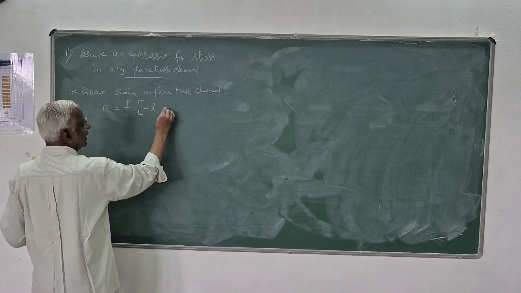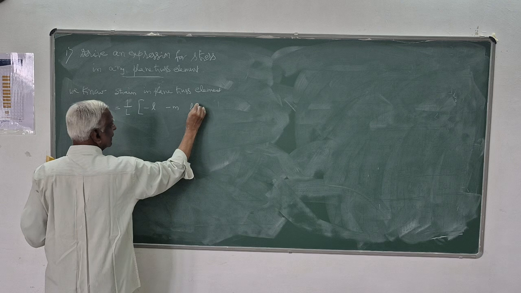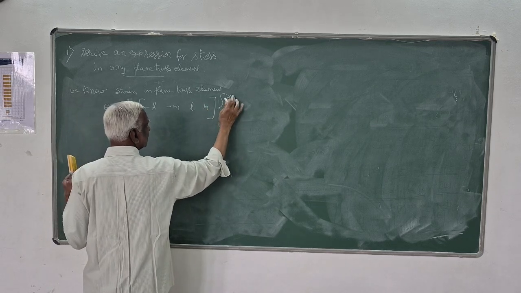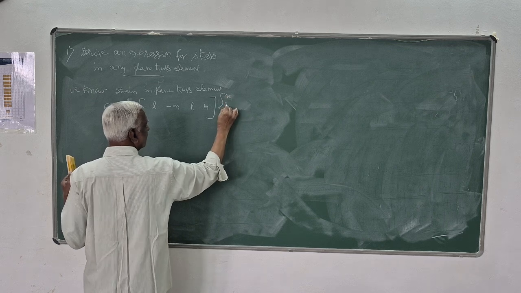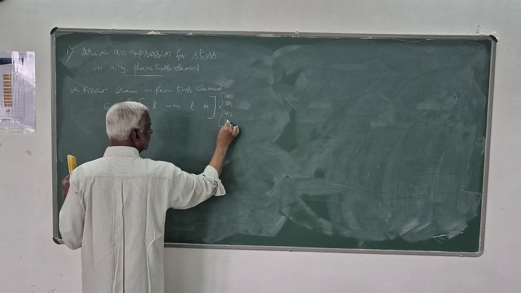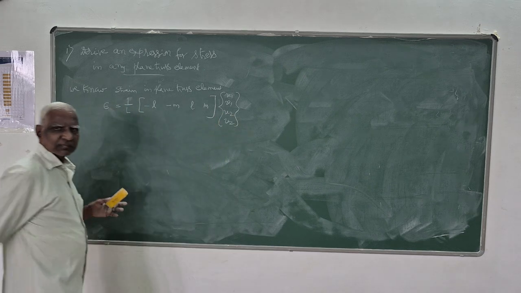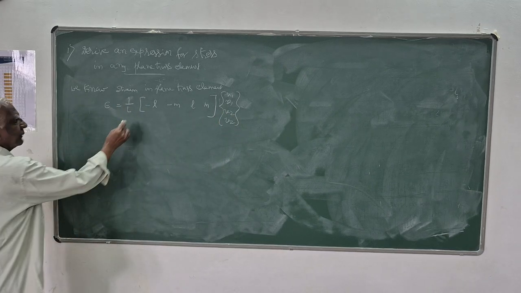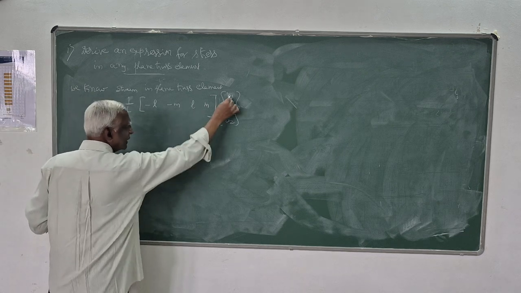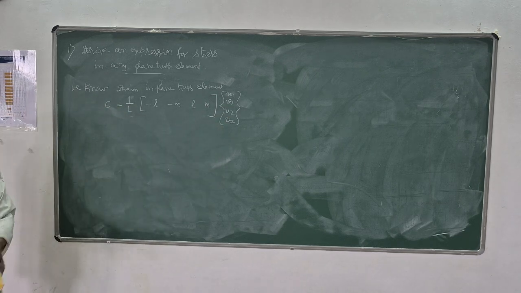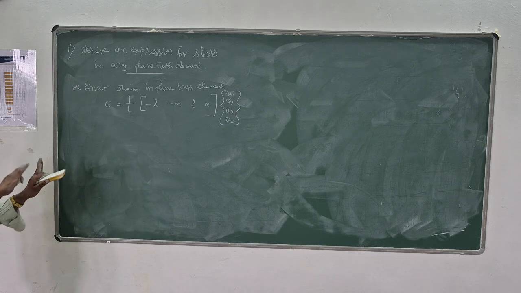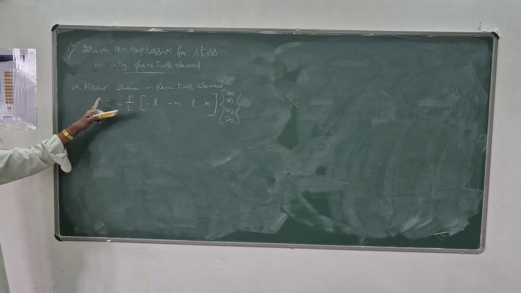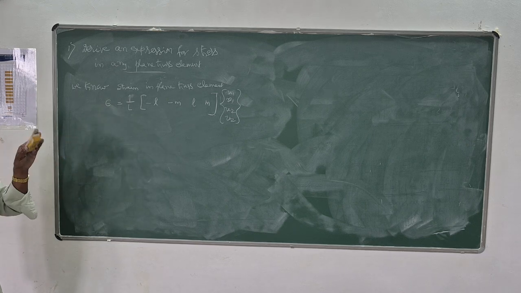It is minus l, minus m, l, m in global coordinates, times the nodal displacements u1, v1, u2, v2. That I have derived, the B matrix. So epsilon is the B matrix into the nodal displacement. The nodal displacement we have to derive in a regular problem, but once you derive the displacements, then you can find the stresses in each element.